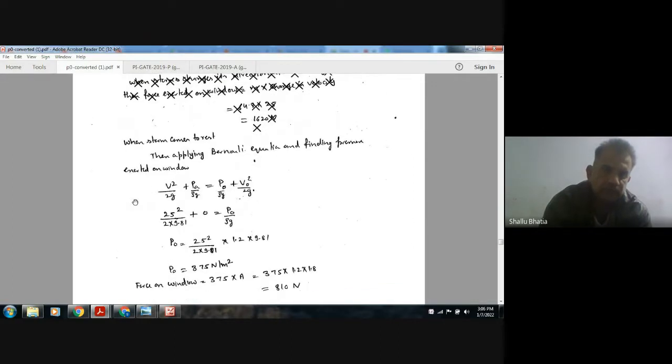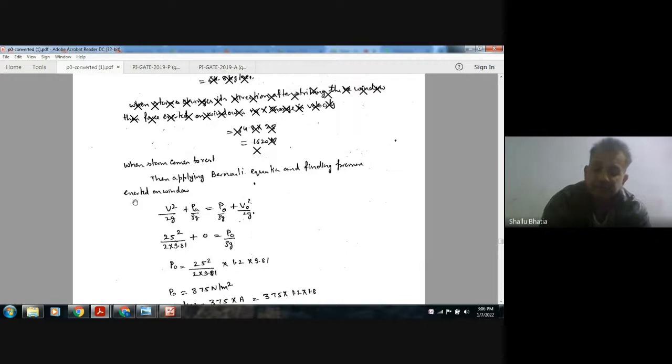So when the storm strikes the window, it will come to rest. So Bernoulli's equation is applicable to that. This is the condition when the air is in the atmosphere, and this is the condition when the air strikes the window. So initially the velocity term is v square by 2g, and this is p.